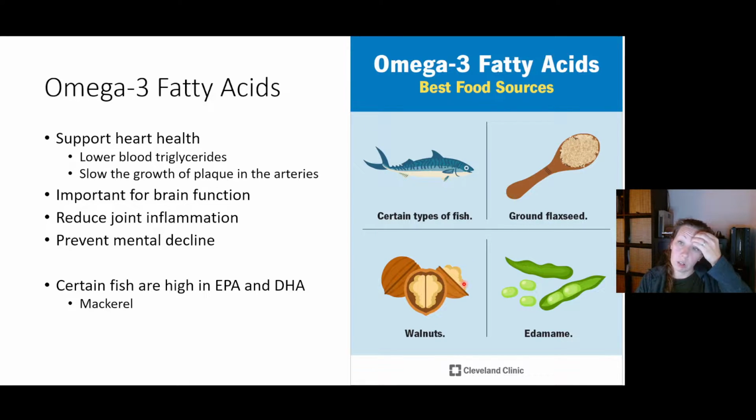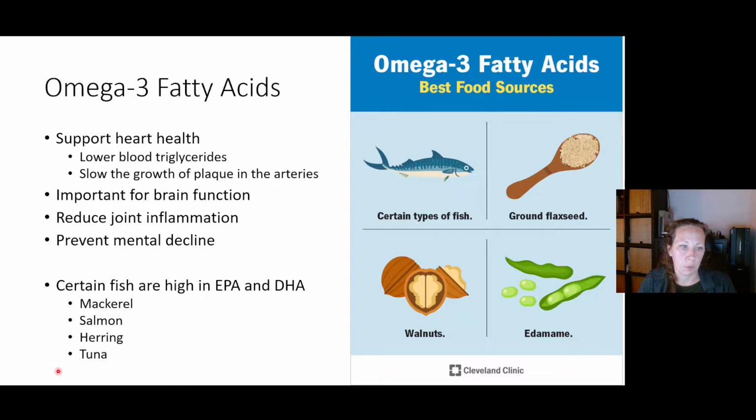Okay, so certain fish are high in eicosapentaenoic and docosahexaenoic acid. In order of how high they are, mackerel is the highest. It's one of the highest. Salmon, herring, and tuna. Now mackerel has double what tuna has, so it is quite a bit higher than the lowest on this list, and it has quadruple that of light canned tuna.